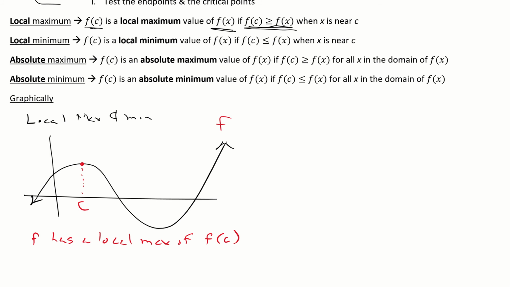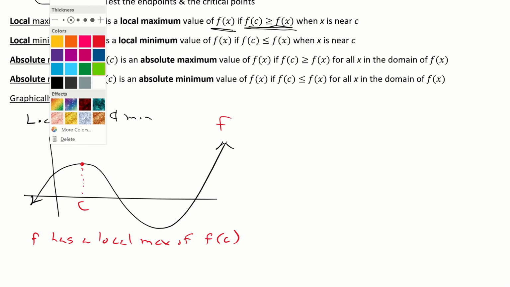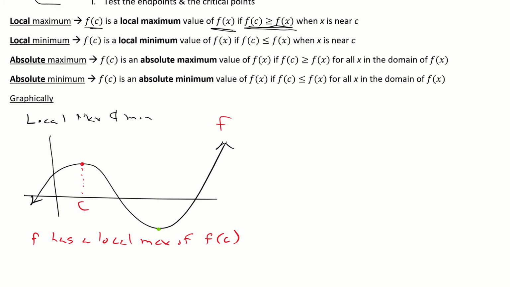If I do another, I'll do that in green, low point, and maybe this is on the x-axis d. Now this is the y and x-axis, right? Then we would say also f has a local min of f of d. f of d is actually how far down. That's the y value. And so is f of c the y value.